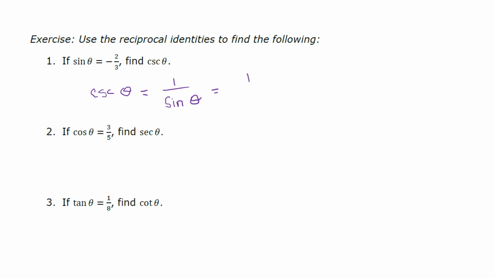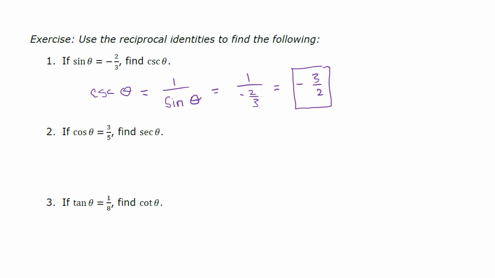We know that sine of theta is negative 2/3. So 1 divided by negative 2/3 is negative 3 over 2. So the cosecant theta equals negative 3 over 2.